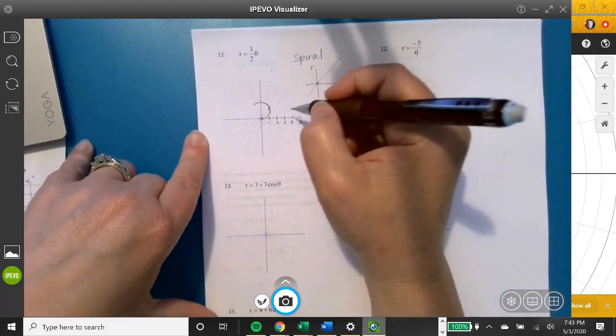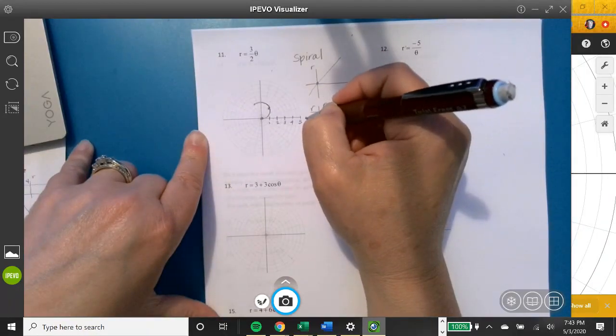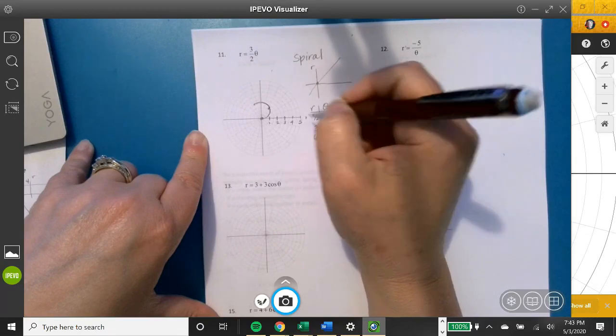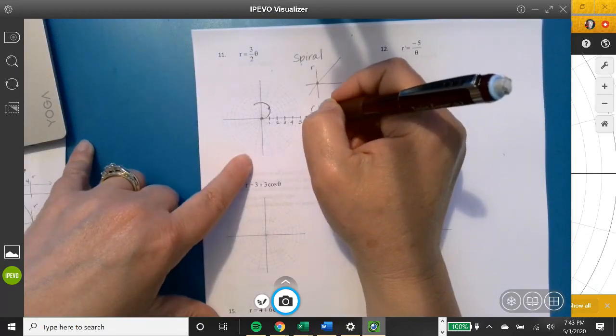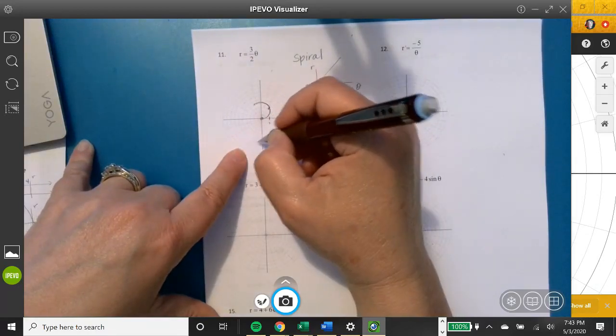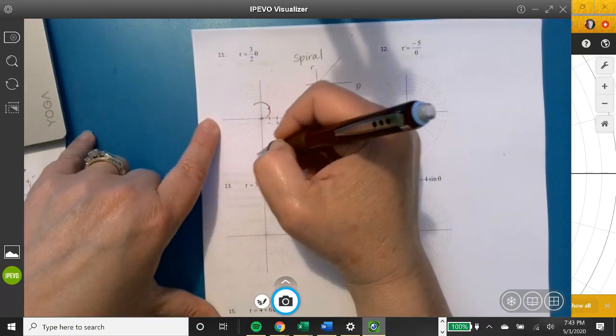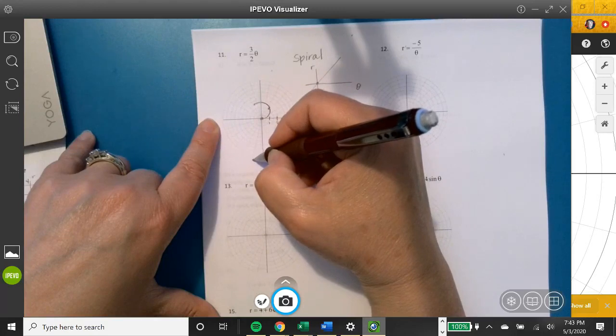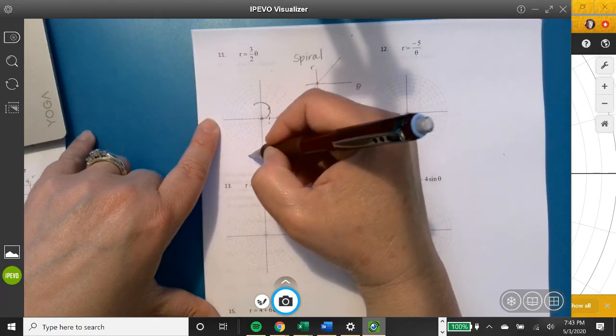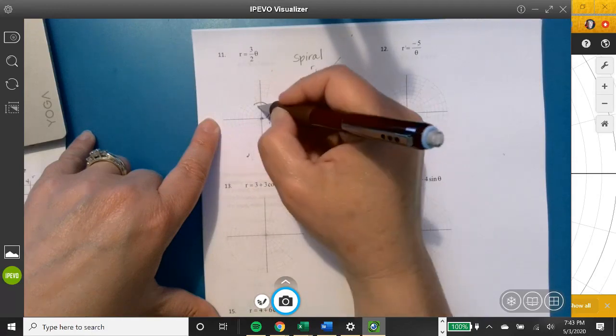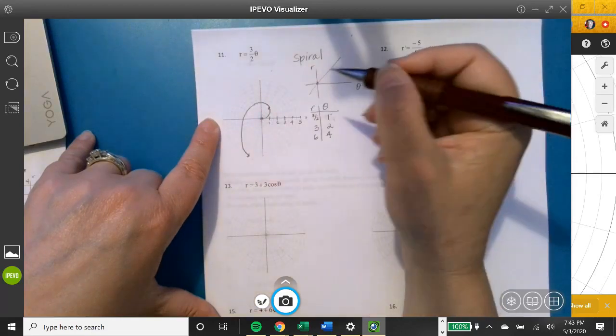I'm going to go out radially 6, which is out here, and then we're going to rotate 4 radians, which is just in this quadrant over here. We're going to rotate to about 4, because this is 4.71, so right about here. So we're spiraling out.